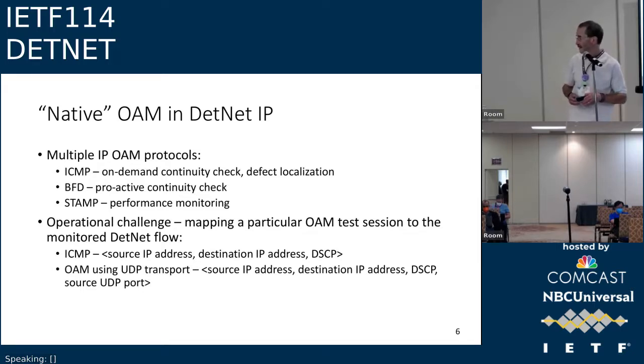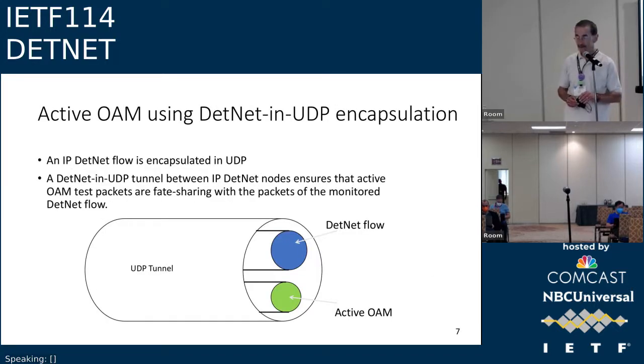Sure. Can we go to the next slide for a moment? It would also be possible to have that active OAM in a new UDP tunnel and have the DETNET flow outside and, through control mechanisms, through the controller plane, have the association. We haven't seen that one talked about either. Okay, that's interesting. So basically, have all the different active OAM protocols in the same UDP tunnel and then map that UDP tunnel.